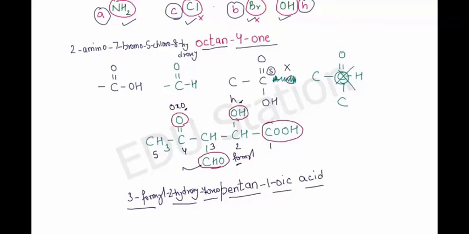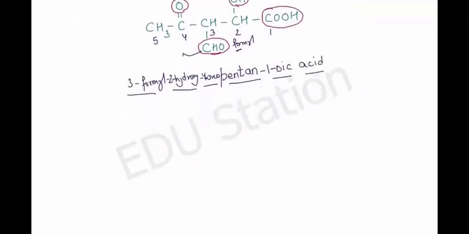The next functional group we study is nitrile. Nitrile is C triple bond N. Again, nitrile is always terminal. That means it can only be present at the end of the carbon chain.